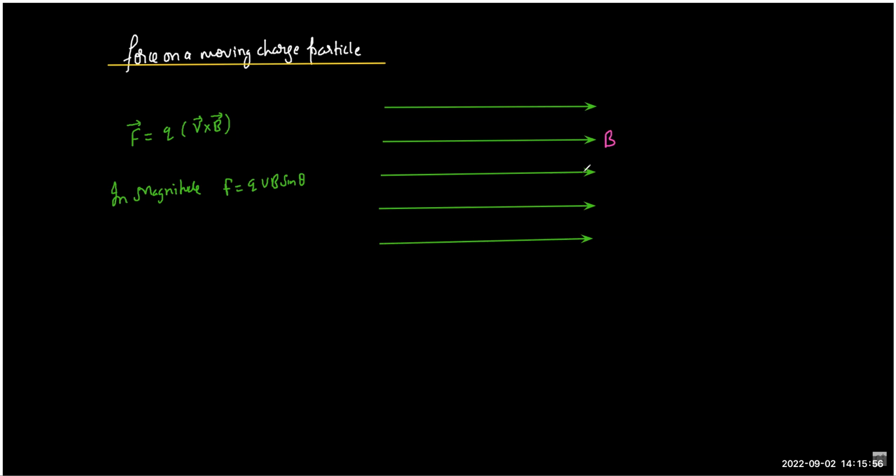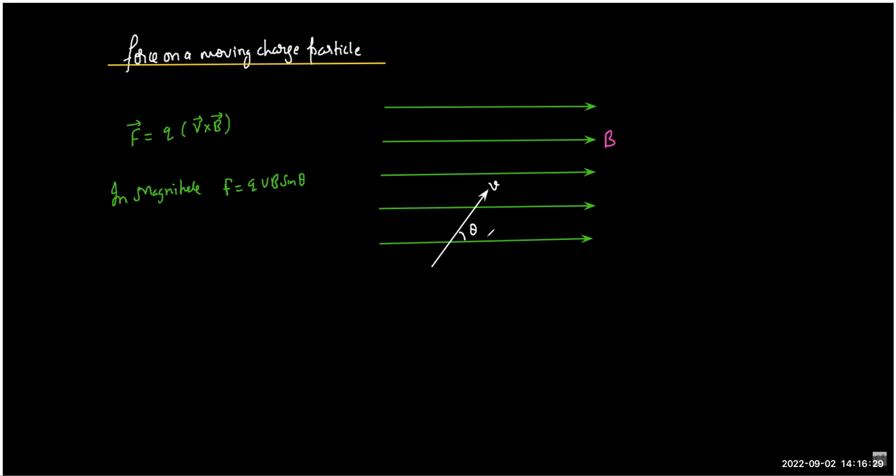The source creating it is not known to us, only the field. Now, if a charge decides to move in the space, and the angle made by the velocity vector with respect to the B direction is theta, then the magnetic force will act on the particle because it is intercepting the magnetic field lines.